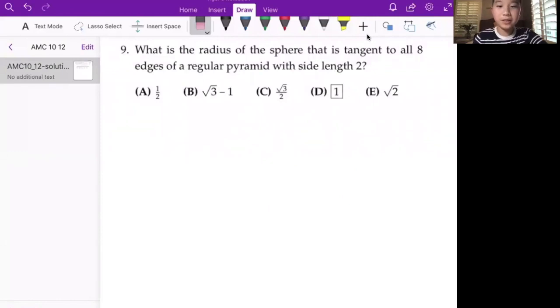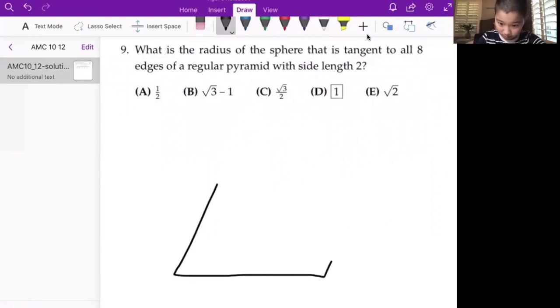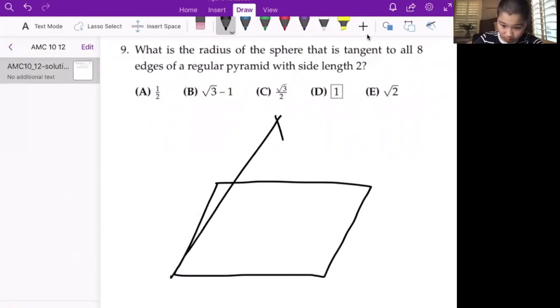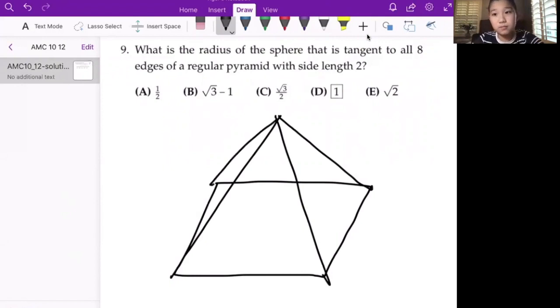Problem 9. What is the radius of the sphere that is tangent to all 8 edges of a regular pyramid with side length 2? Let's draw the pyramid. This is the pyramid. And let's consider the center of the sphere, somewhere here.